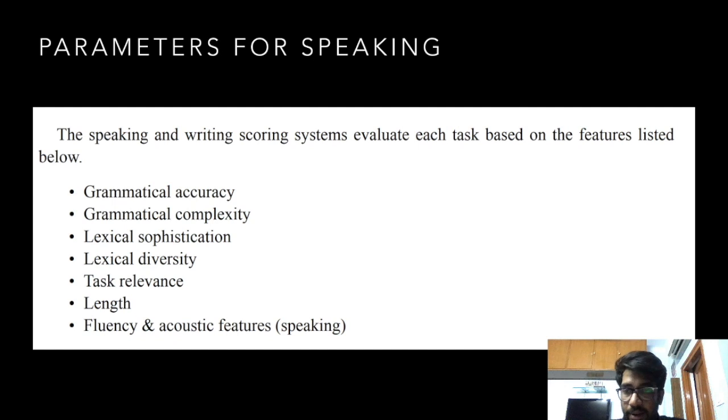If you don't know how the examiner, or the AI, is going to check you, how do you know what you have to do? Before you take your physics exam, you look at the syllabus, that what are the things that are going to be asked. In the same way, we need to look at what qualities I need to showcase to get a good score.